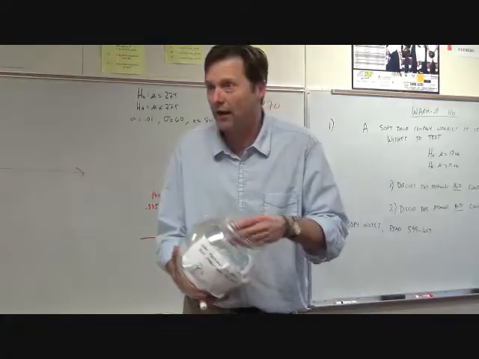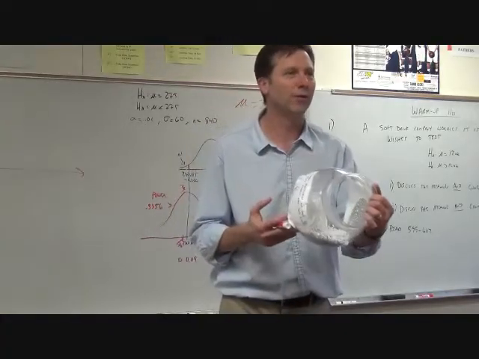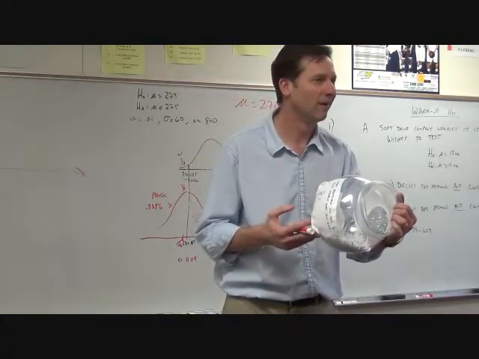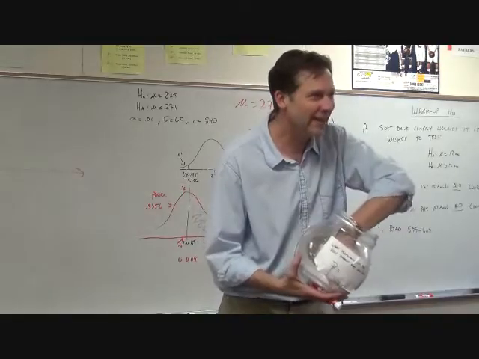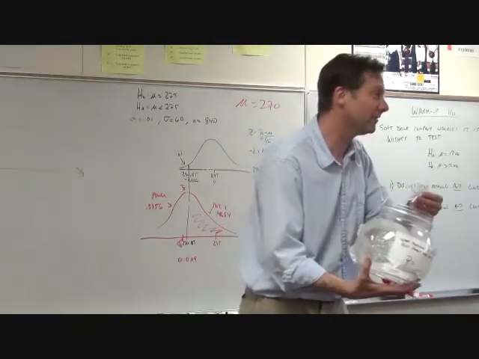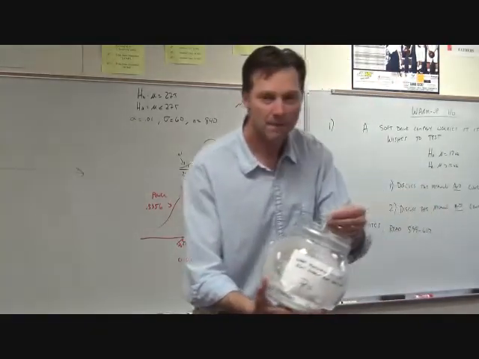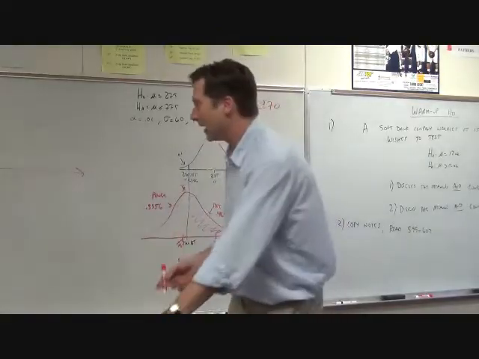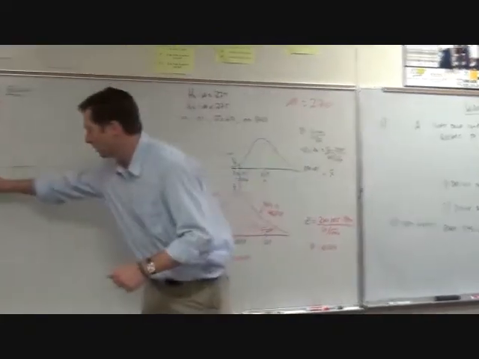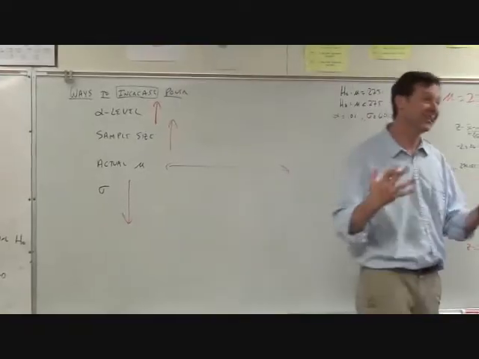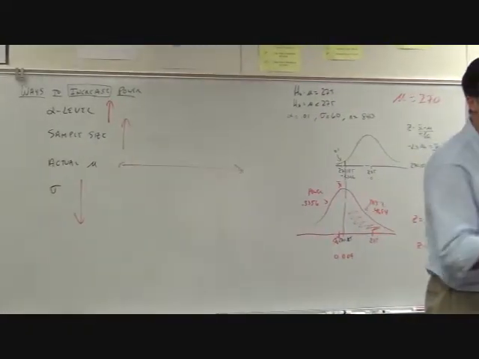It's more possible, right? But what if every one of these people were 13 letters long? Then when I take my sample, my X bar is going to be 13 letters long. So I agree. A lower population standard deviation does help power, but it's not something you control.